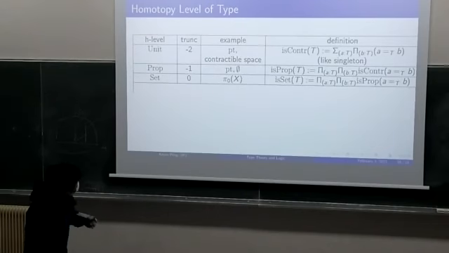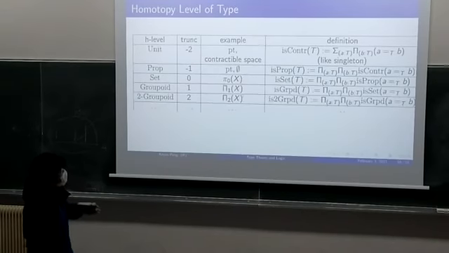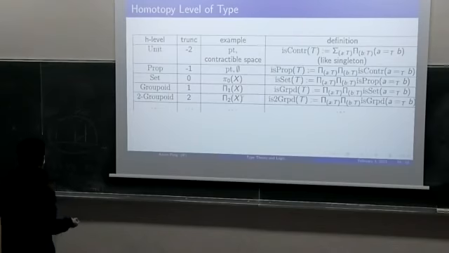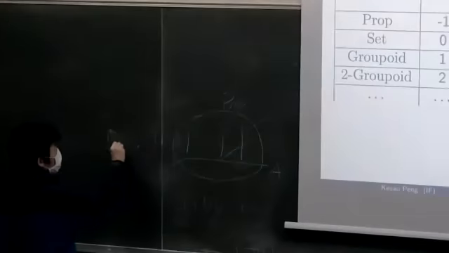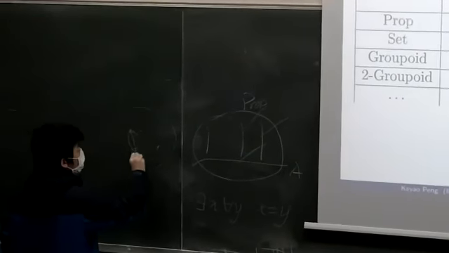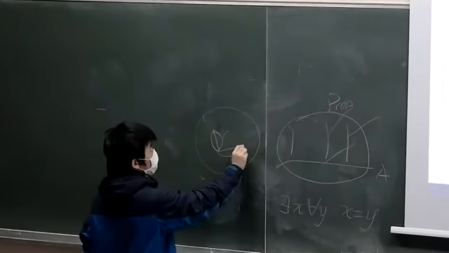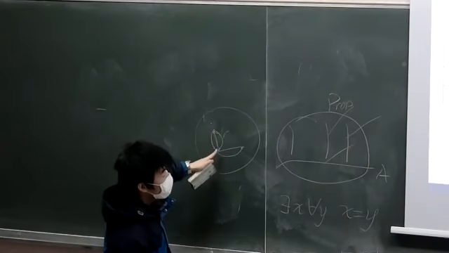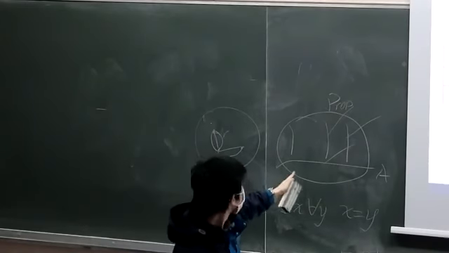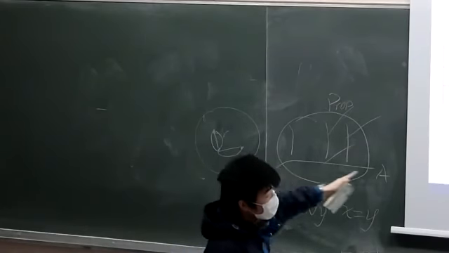The next level we talk about is a groupoid. When it comes to a groupoid, there may be multiple ways to be equal between two points, as we talked about last week. So the identity type between two points is just the same.